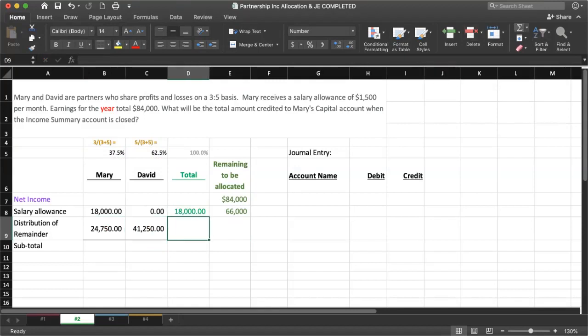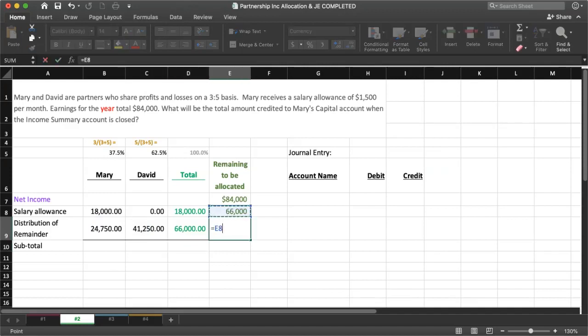So the sum total that is allocated or distributed is $66,000. What remains after this is zero, and that's what we want. It needs to be zero so that everything is allocated.